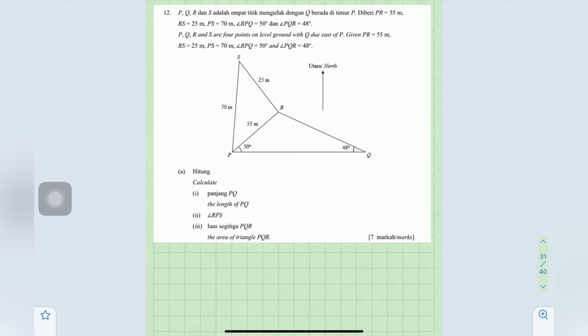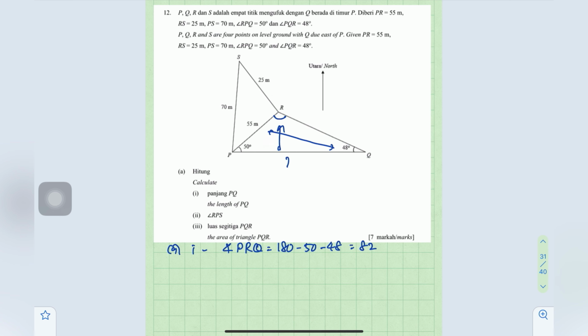Okay, so A, calculate the length of PQ. A1, the length of PQ, this one we want to find. So we piece it together here. We have to find angle PRQ first. So angle PRQ equals 180 minus 50 minus 48, which equals 82.